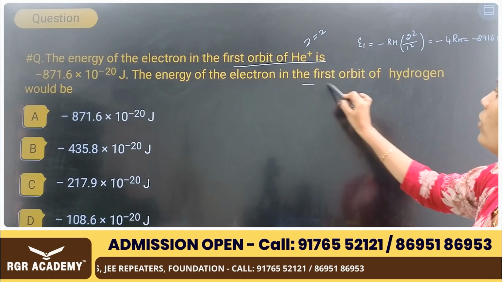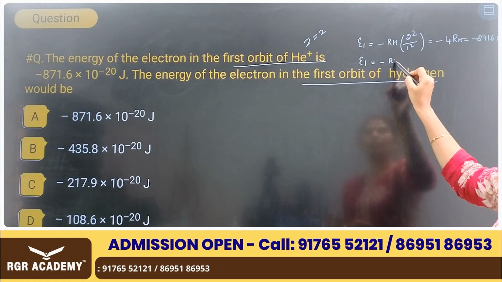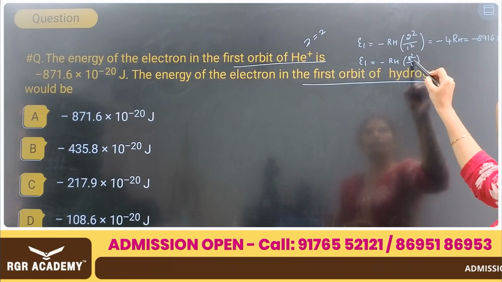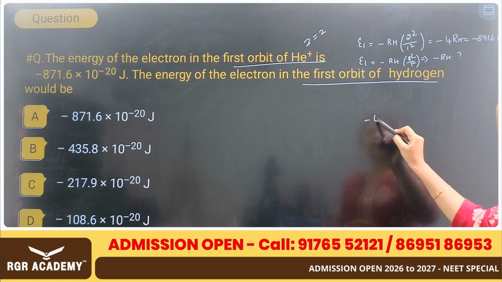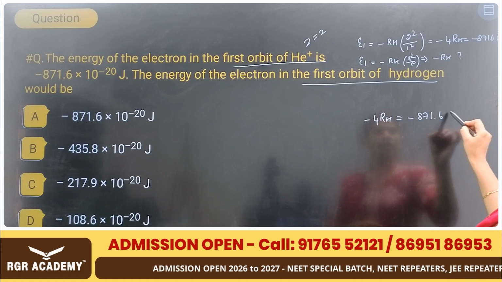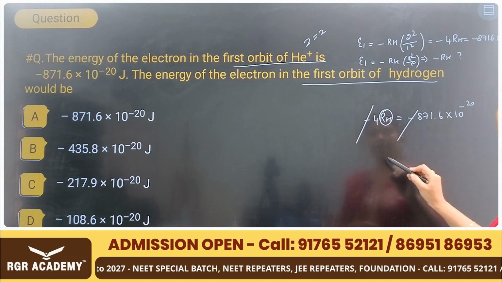We need to find out the first orbit of hydrogen. First orbit of hydrogen, in the sense, it's simply minus RH. What is the value? So we know that minus 4 RH is minus 871.6 into 10 to the power of minus 20. We have to cancel this negative.